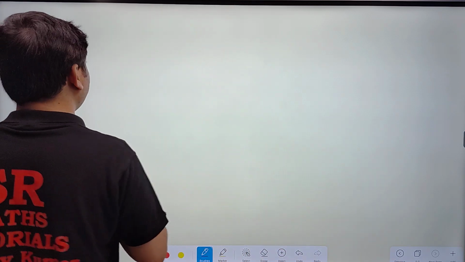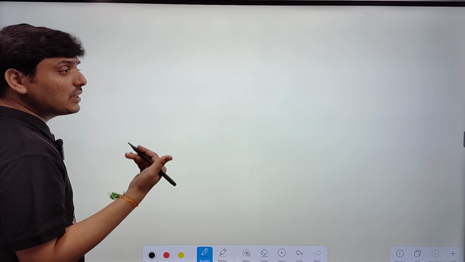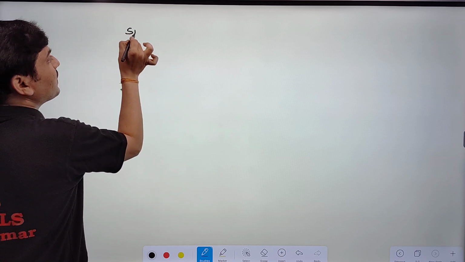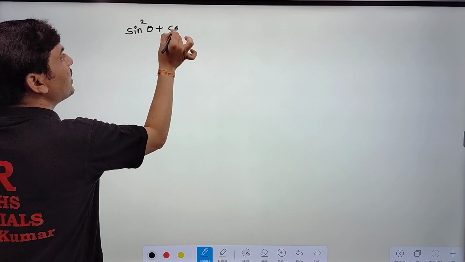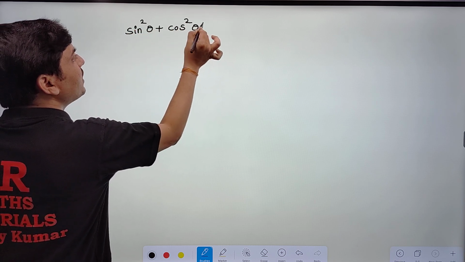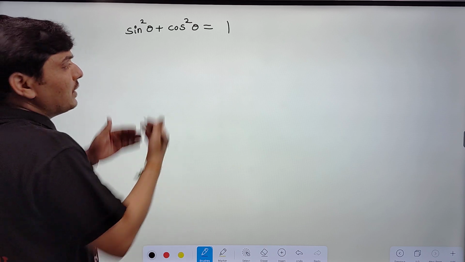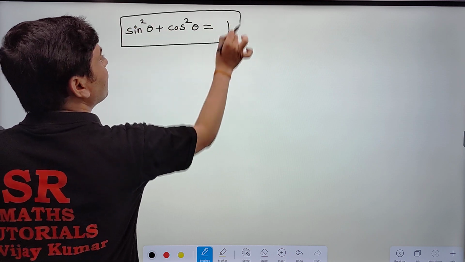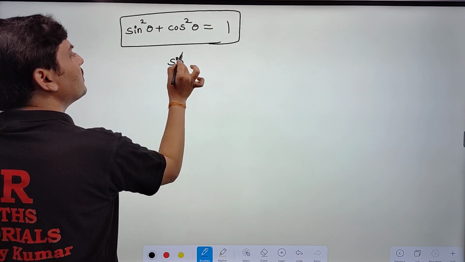The first identity, I'm not proving that one. How many formulas come from that formula? First formula, sin square theta plus cos square theta, how much, student? 1. Now, listen, what do you say about sin square theta?